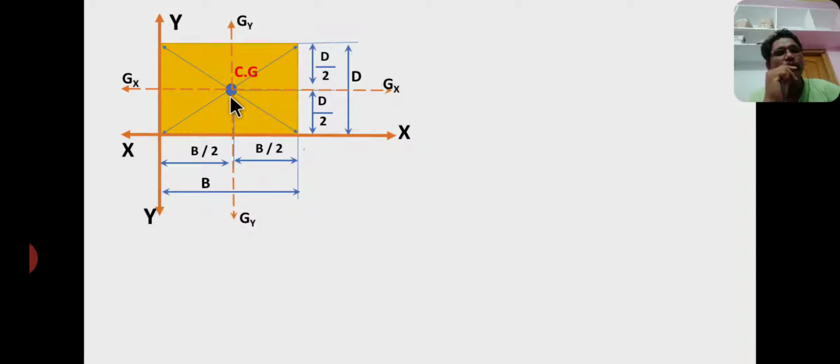The centroid lies at a distance of half of the base and half of the height, that is B by 2 and D by 2. The given rectangle is symmetric about the horizontal and vertical axes. Therefore, the centroid lies at a distance of half of the base and half of the height.